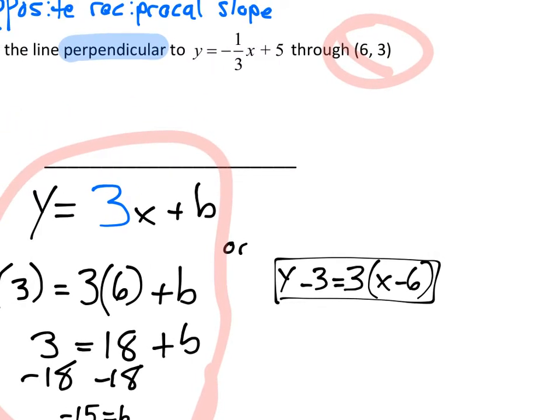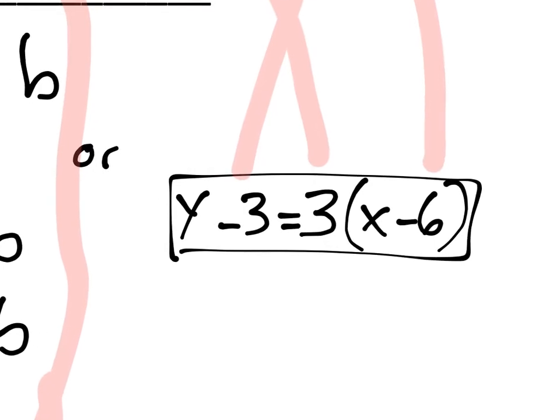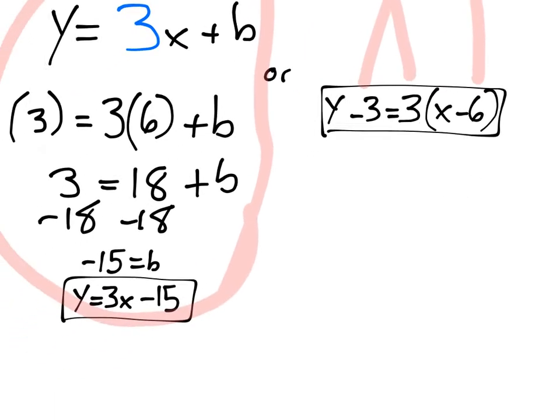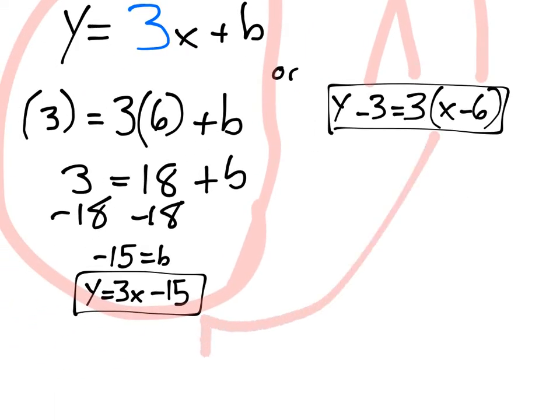Or you can just use point slope, which would be opposite reciprocal, right? Opposite reciprocal of -1/3 is a +3, and then do y minus y1, and then x minus x1. You could also solve this out for y equals mx plus b, and you would get the answer right there. But you don't have to. It did not specify what type of equation that you gave.